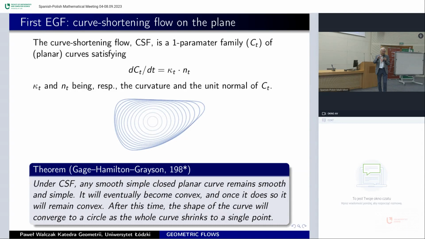As soon as it becomes convex, it shrinks to a point, becoming more and more similar to a circle, and finally shrinks to a point. This is motivation for our, maybe it's too early to say our.